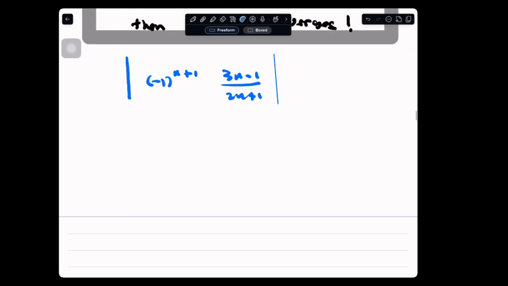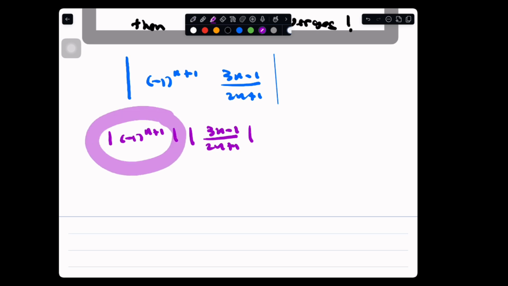Okay, so let's do some algebra now. What's the absolute value of a product? The product of absolute values. And then what is this over here? Well, that's the absolute value of a product, so I have n plus 1 of these here, and this is just going to be times (3n minus 1) over (2n plus 1), because this portion is positive for all n.